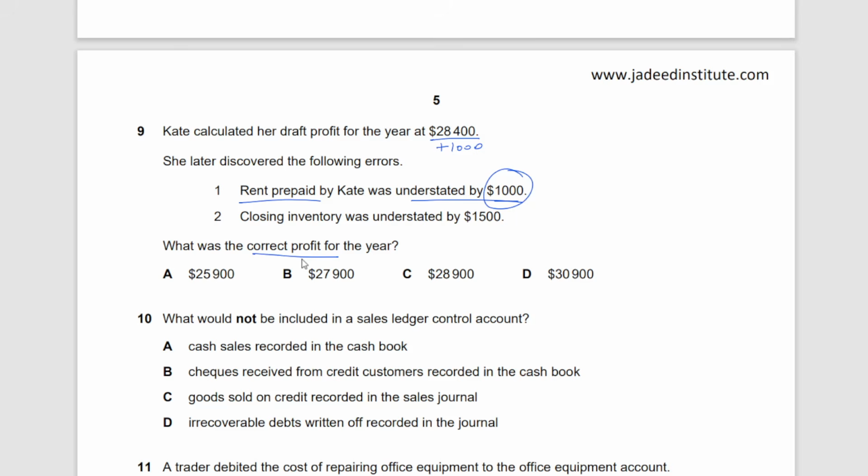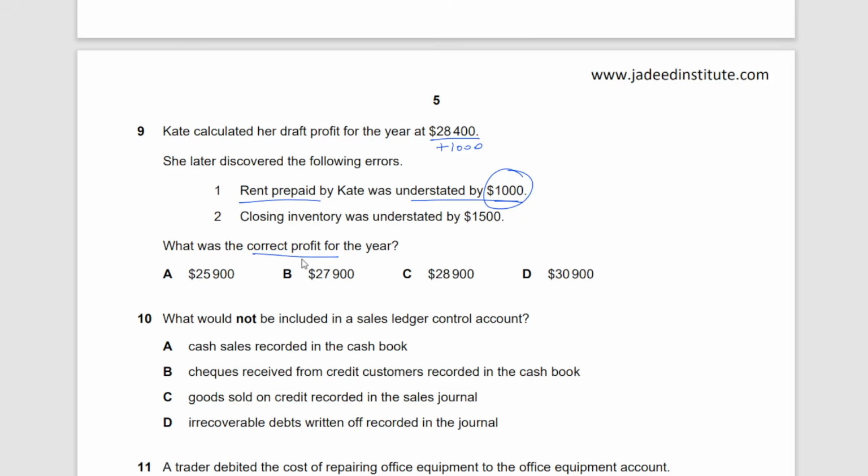Should note the relationship between closing inventory and profit, because almost daily I have to explain this relationship to my students. Closing inventory varies directly with profit. Again, closing inventory varies directly with profit. Actually, the right way to put it would be closing inventory directly affects profit.